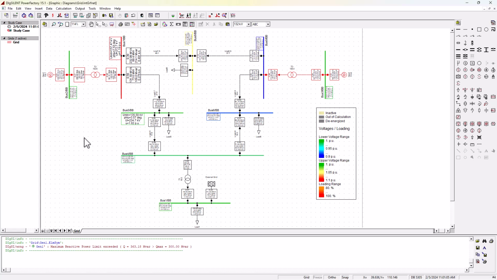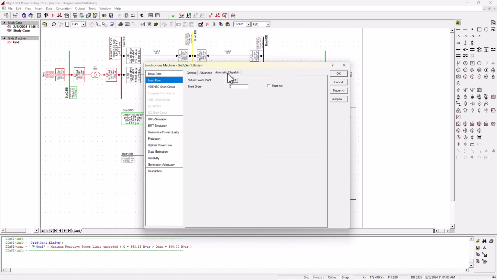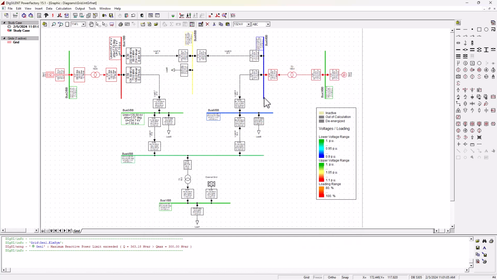To make both generators work together, there are a couple of settings we can explore in DigSilent. There are advanced settings that can be set for these two generators to work together. We can do the reactive power droop settings and proper set points, or even local compensation near the loads, basically by adding capacitor banks or shunt reactors to assist, especially in this area where there is voltage overshooting. This is what can be done to assist the network.